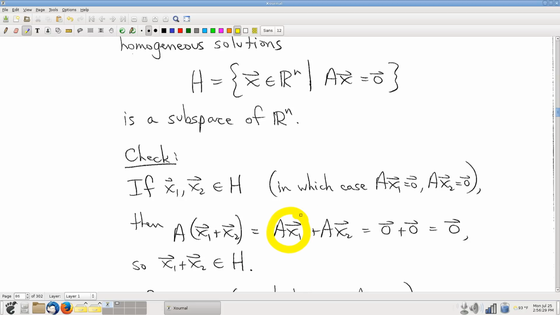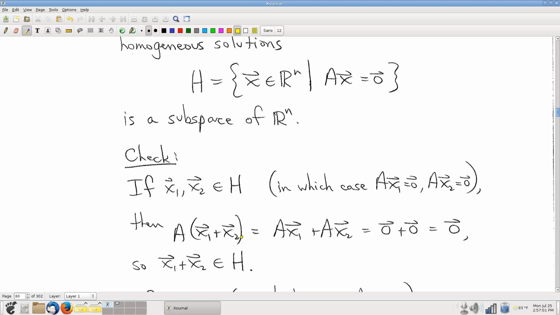Then I cite the fact that Ax1 is known to be 0. Why? Of course, because x1 is in H. And then I cite the fact that Ax2 is equal to 0. Again, this time, because x2 is known to be in H. And 0 plus 0 is 0. So, as required, that satisfies that property, and therefore the sum is in H. And therefore this is closed under addition.